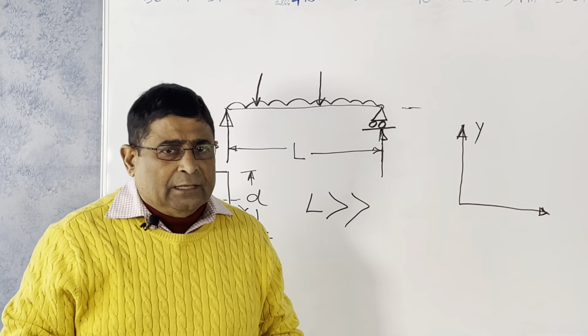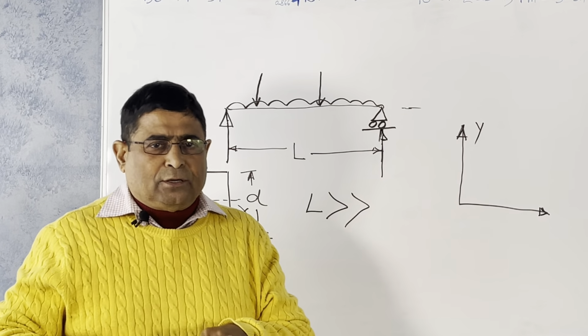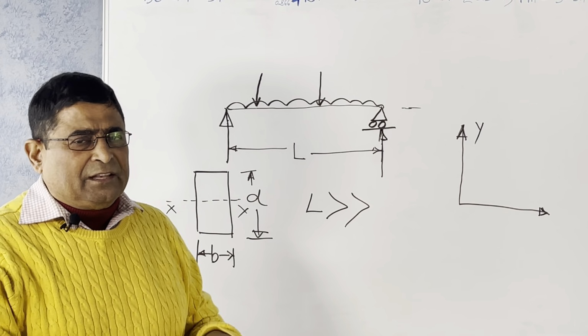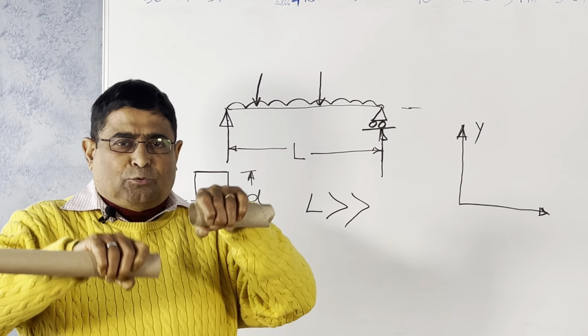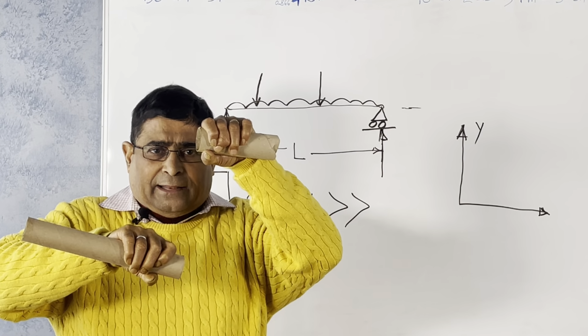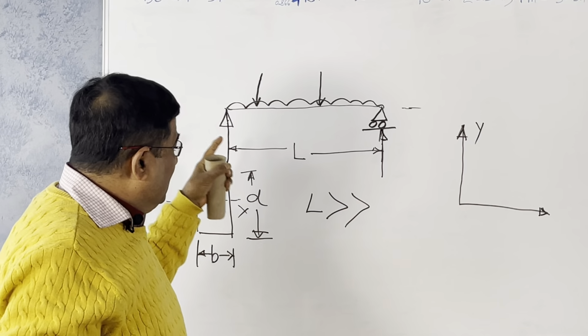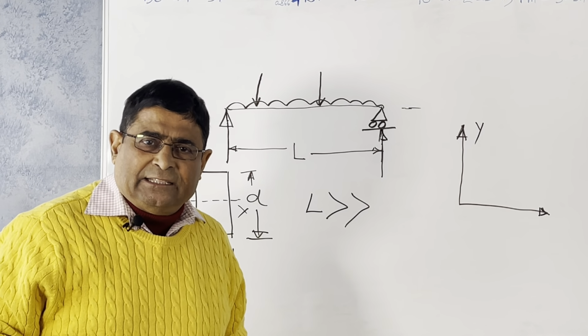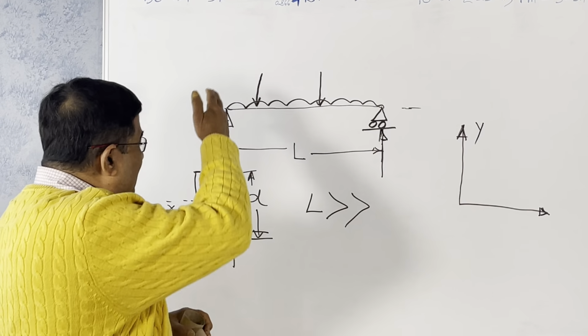You do not see that in reality, because there are other factors which don't allow it to move. If you take a chalk pencil and put pressure like that, it will break like that. But in beams, it has strength and doesn't allow movement in this direction.